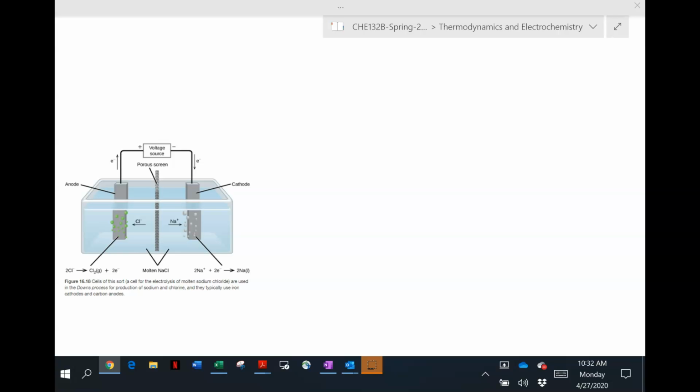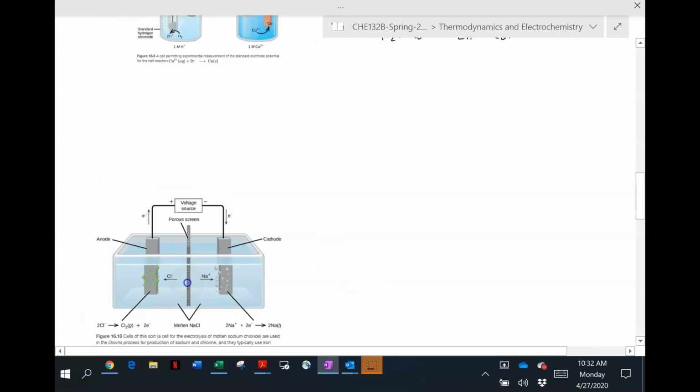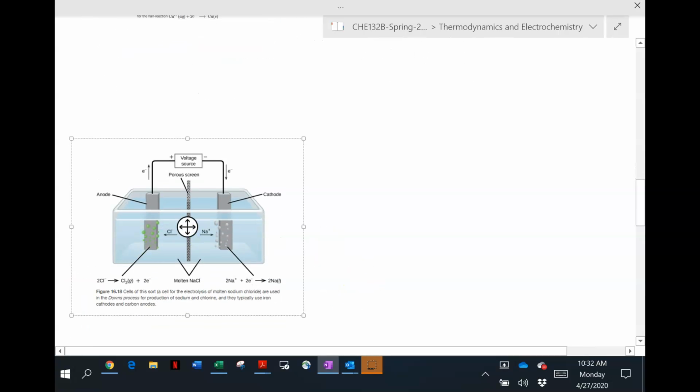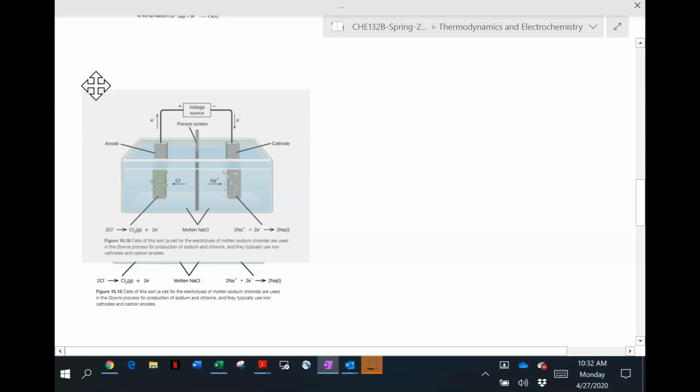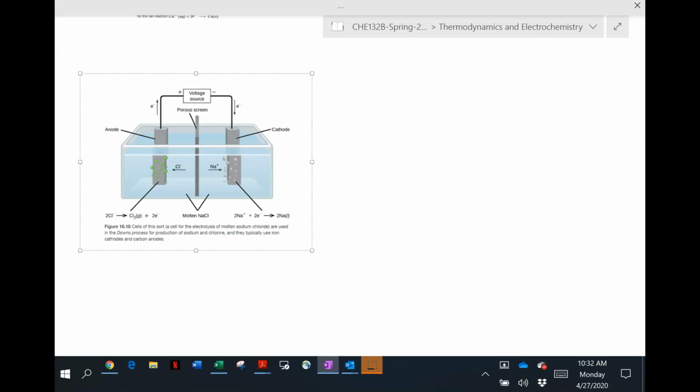And so we're dealing here with molten sodium chloride, which is a pretty unusual thing, but molten NaCl, that just means NaCl, not aqueous, liquid.